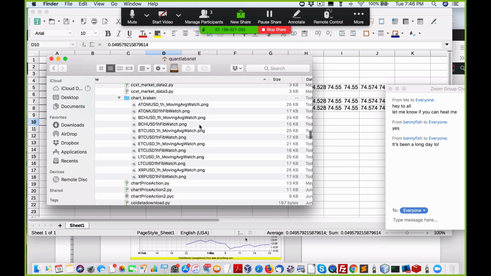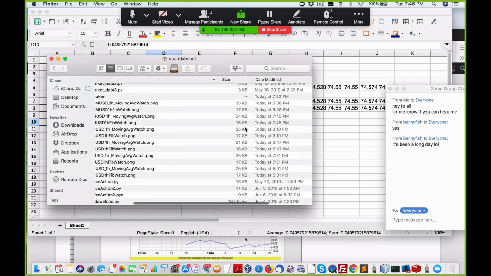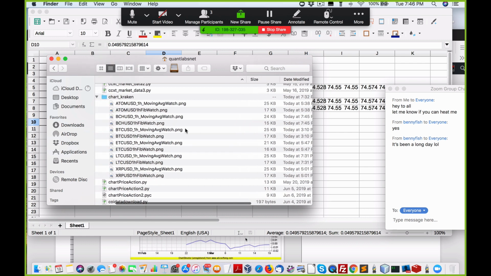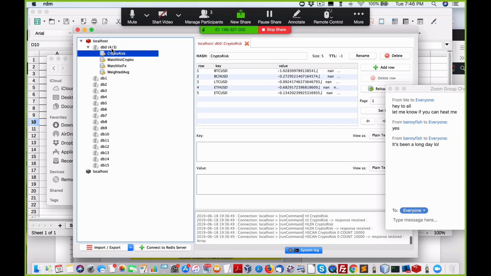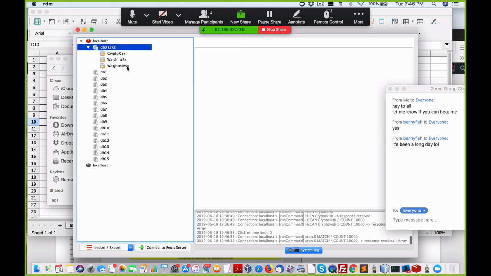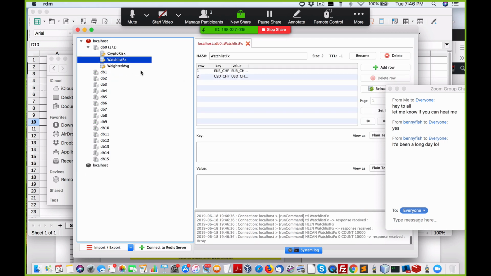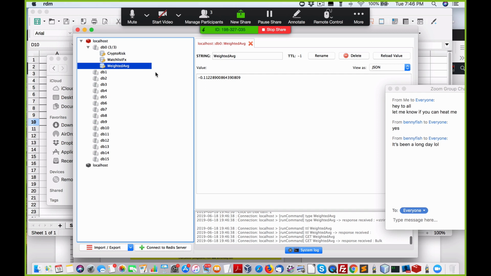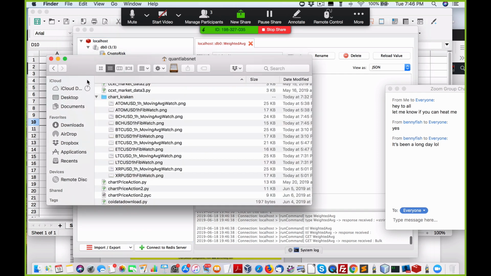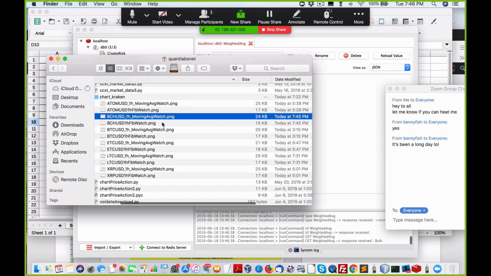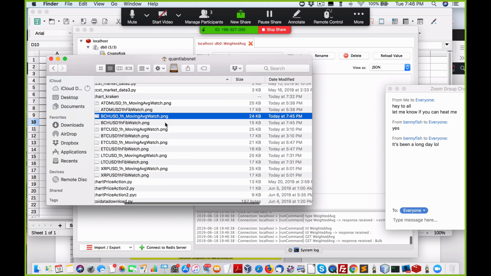So here, these are generated today. So in our case, if I was to show you what's currently running, here's the watch list. Actually, I did have some crypto coins on a watch list, so I'll try to show you some of the ones that are more recent.